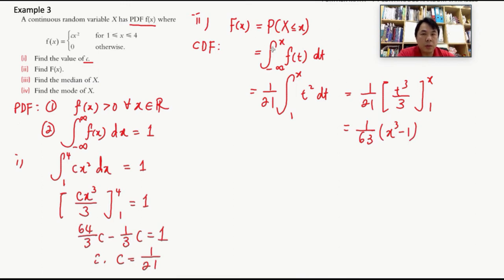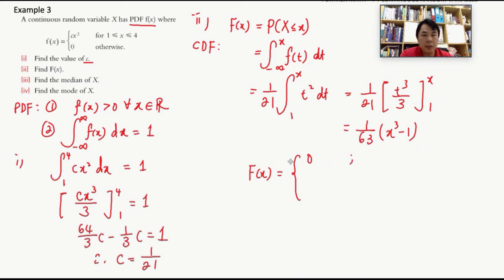That's the process that we are going to carry out to work out the distribution function. Finally, before we conclude this section, we must give a full description of this distribution function. Therefore, the full description for this distribution function can be written as such.